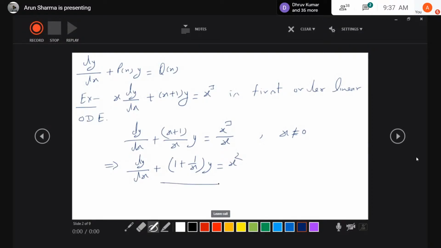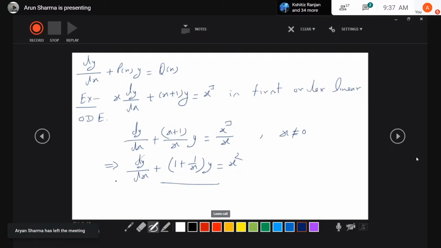Some easy calculation. So what is the technique basically? Whatever is the coefficient of dy by dx, make it just 1. If it is a linear ODE, then divide by that.